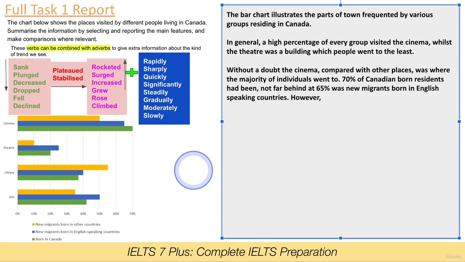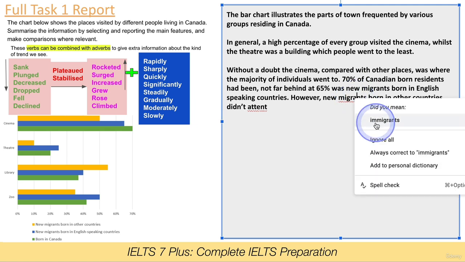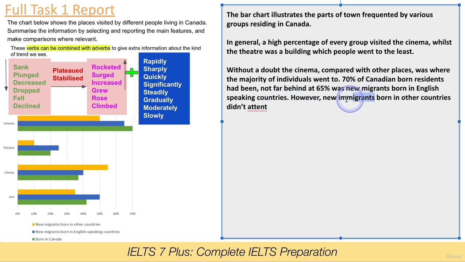However, even so, although new migrants born in other countries didn't attend film screenings, another word for cinema, film screenings, the most. It was the library.